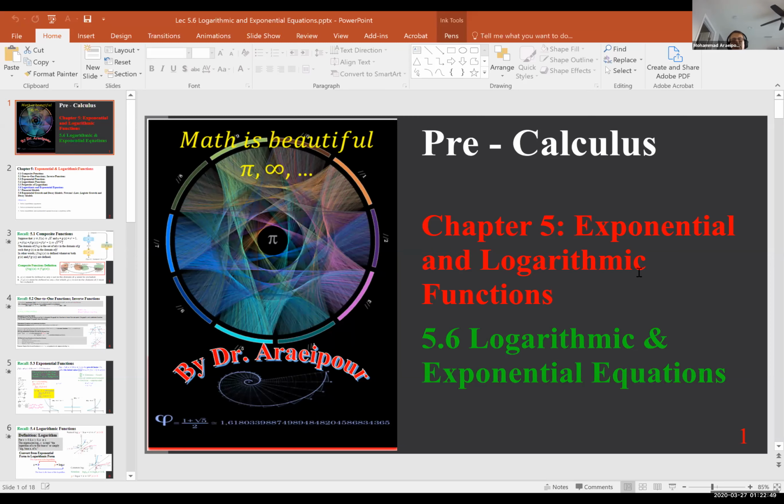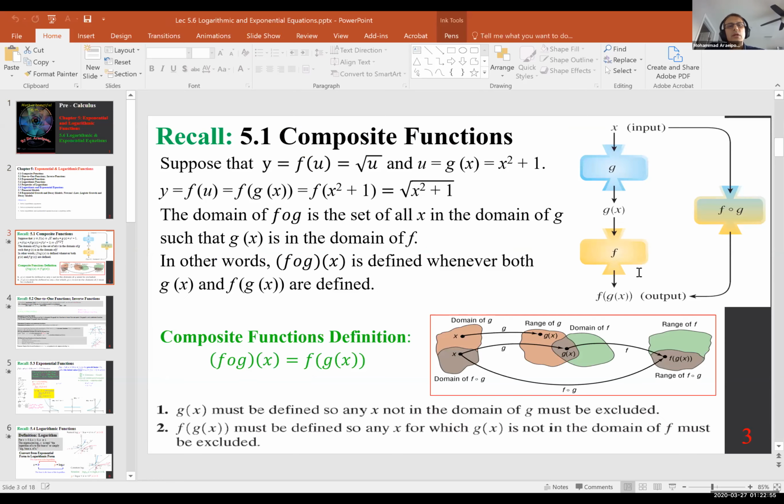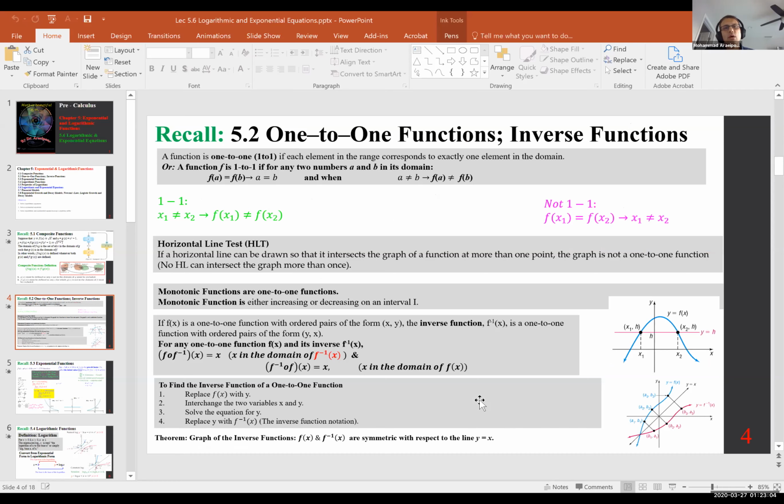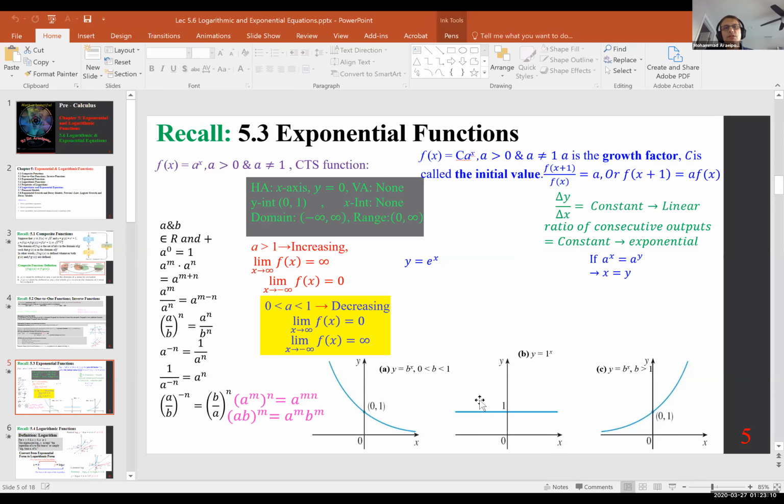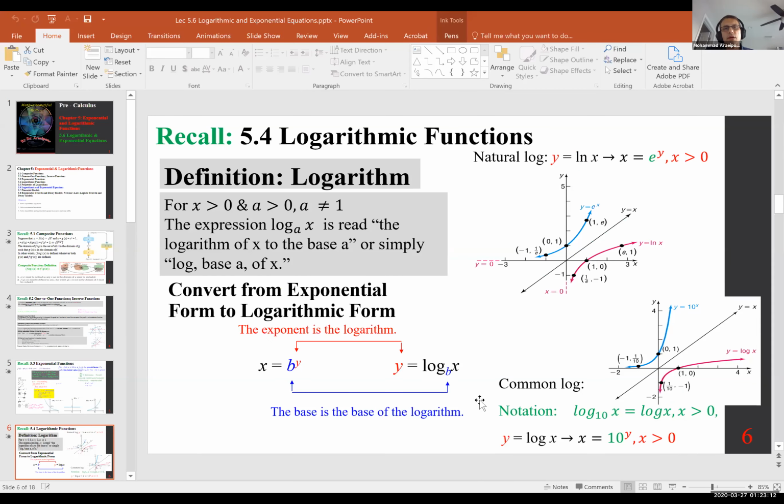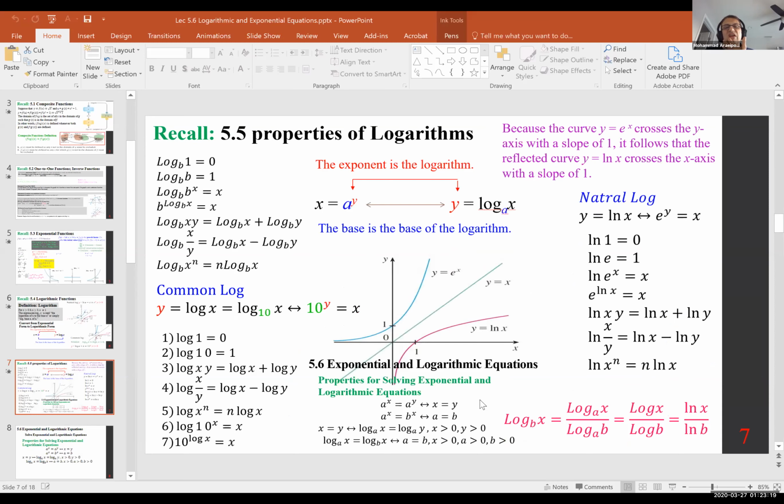All right, so we are dealing with logarithmic and exponential equations in this section. So we looked at composite functions, one-to-one functions, inverse functions, exponential functions, logarithmic functions, properties of logs.